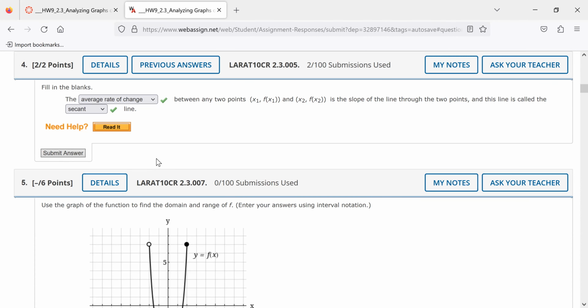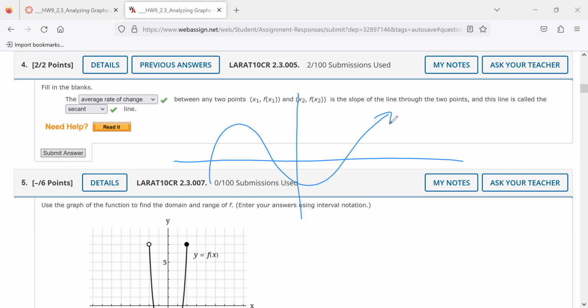Secant was just 2 random points that you find the slope and you draw a line through. For example, if I just made a random graph, and I connected this point and this point and I drew a line through them, they call this a secant line. That's all we're talking about.